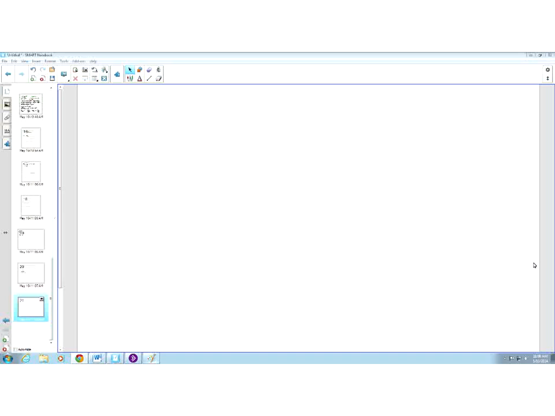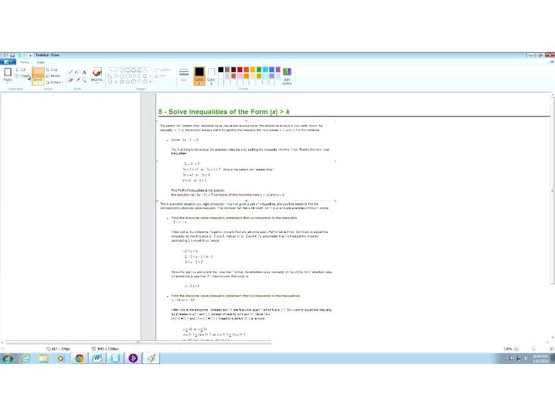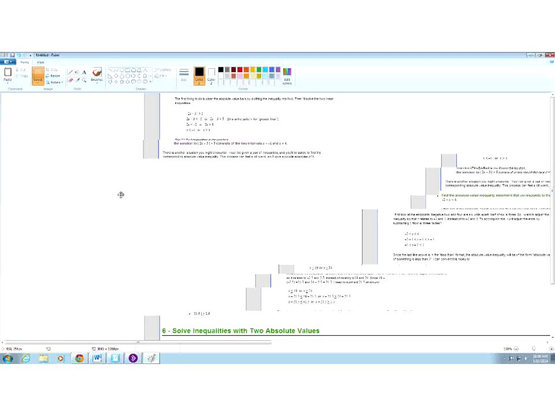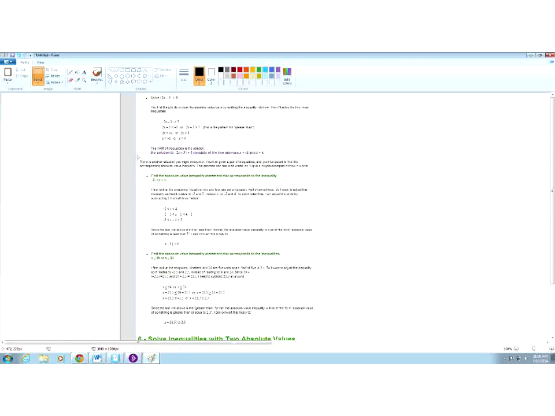A couple of examples where we're given inequalities and we want to convert them to absolute value. We'll be doing this a lot in Chapter 2.